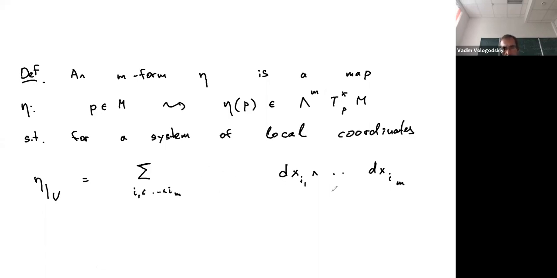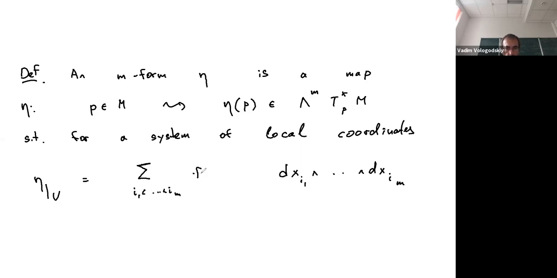So for every point p, these vectors form a basis in the exterior power of the cotangent space, so every element of this vector space can be written as a combination of these, right? For every point p, this is a combination with real coefficients.